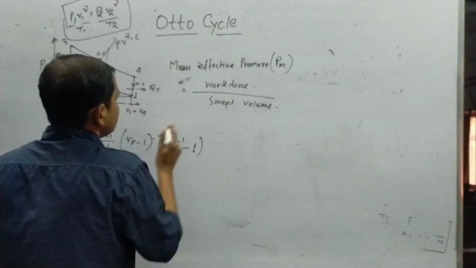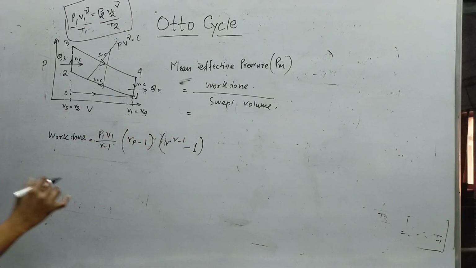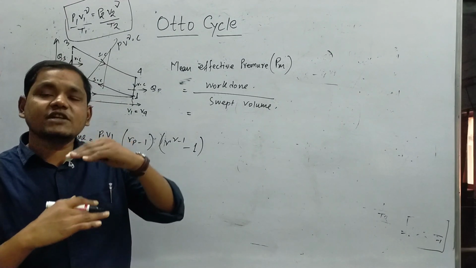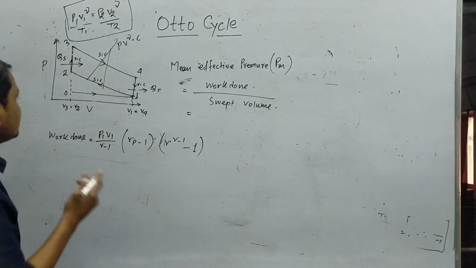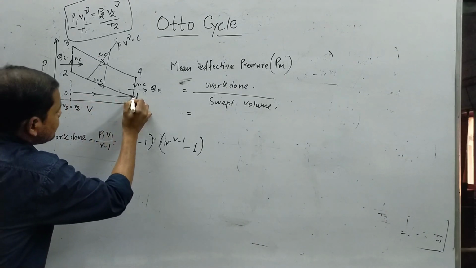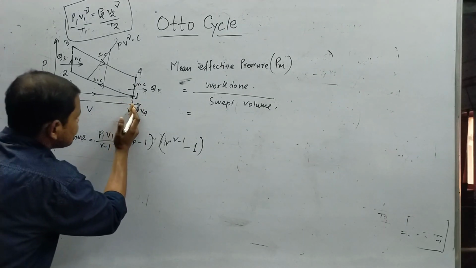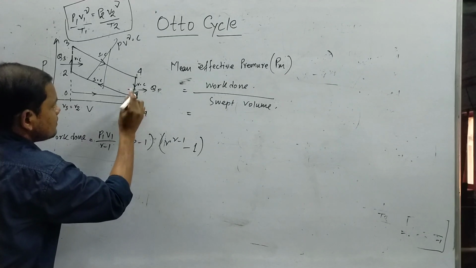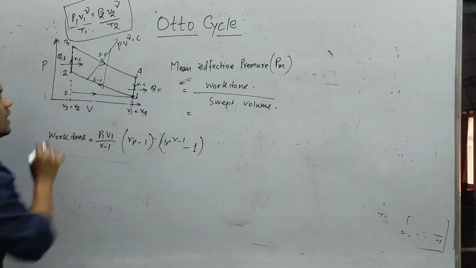And what will be the swept volume? Swept volume is the displacement volume, the volume the piston travels from top dead center to BDC by reciprocating movement. You can see from this diagram very clearly that point 1 is the bottom dead center, and point 2 is the top dead center.